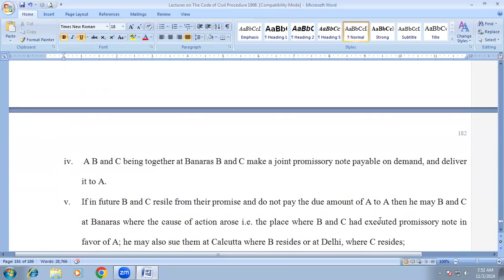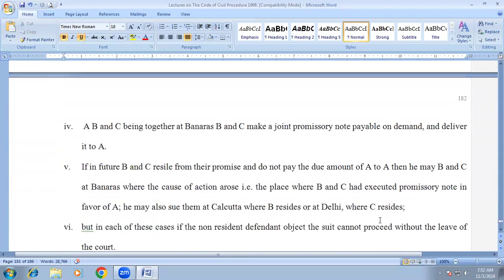A, B and C come together at Banaras, where B and C make a joint promissory note payable on demand and deliver the promissory note to A. If in future B and C resile from their promise and do not pay the due amount to A, then A may institute a civil suit against B and C at Banaras, where the cause of action arose, that means the place where B and C had executed the promissory note in favor of A.